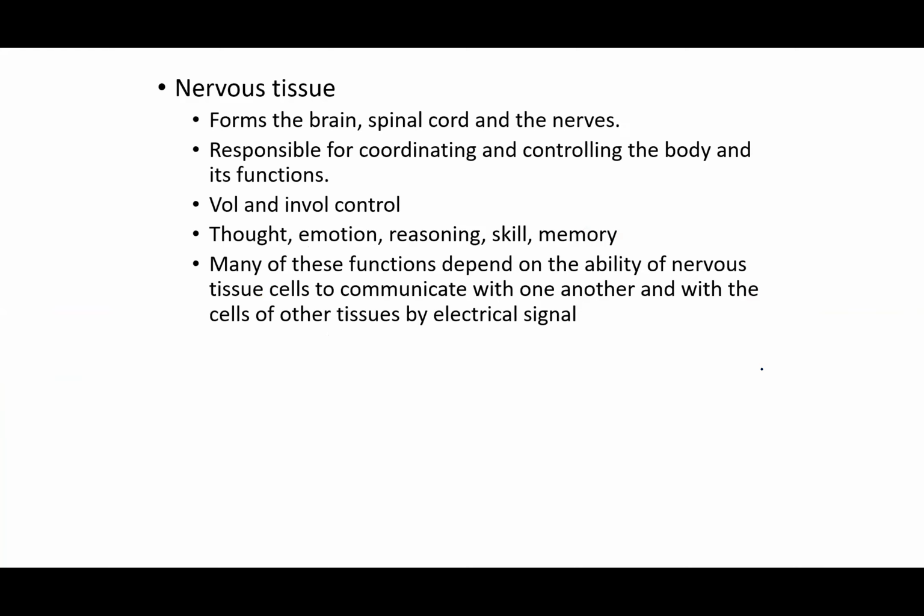I'm going to go through this next thing very quickly because I dive into more detail with this when we specifically get to the nervous system. But with our nervous tissue, it also helps with thought, emotion, reasoning, skill, memory. Your brain is responsible for that stuff.